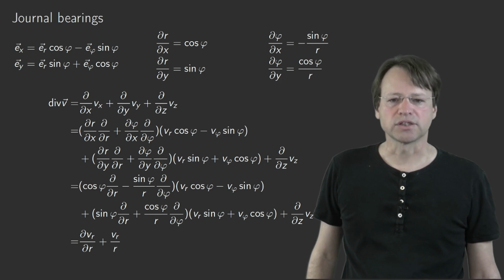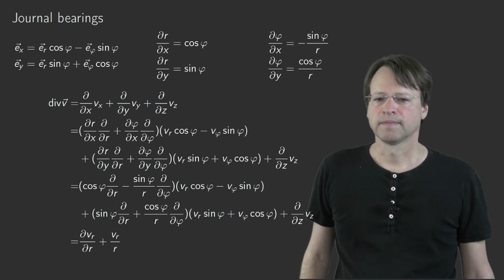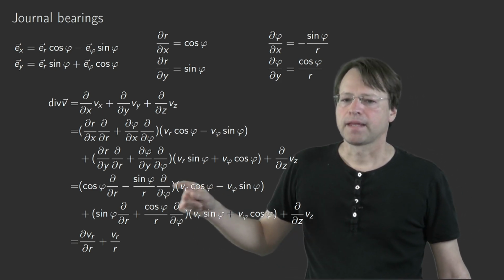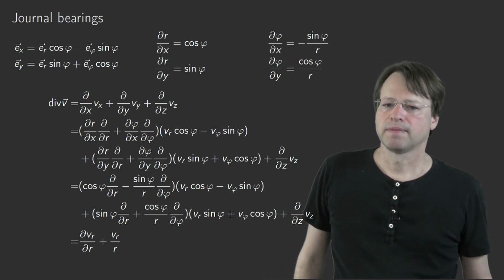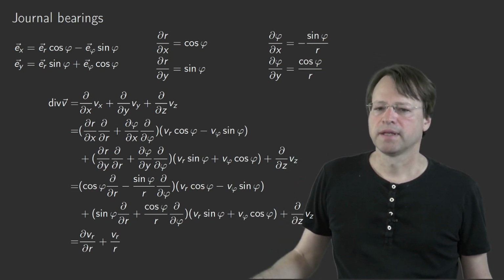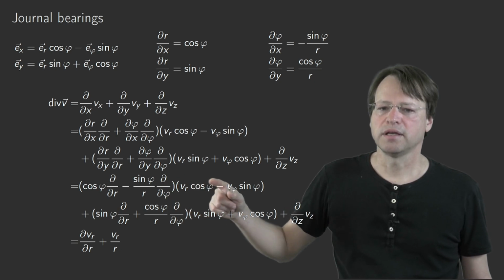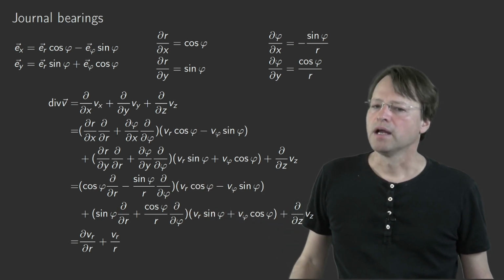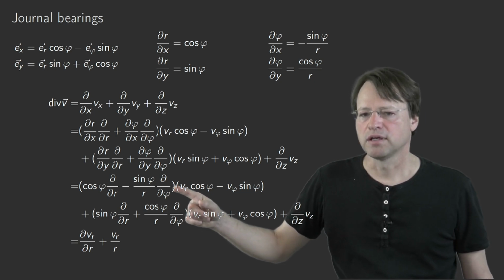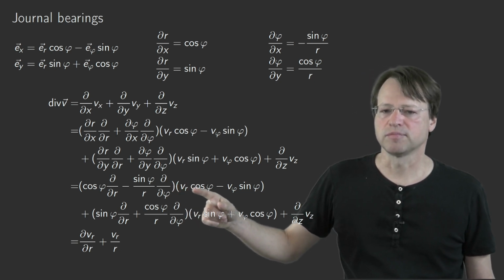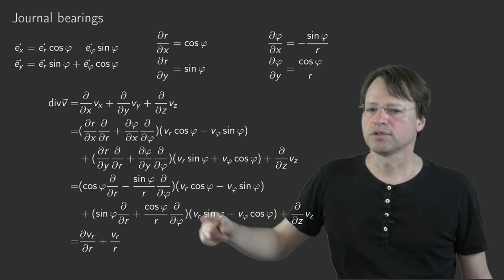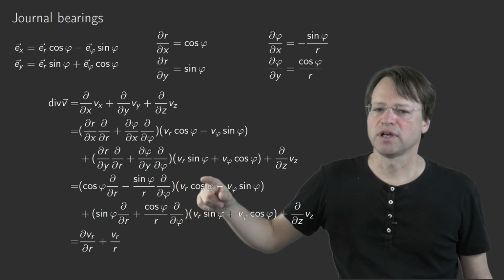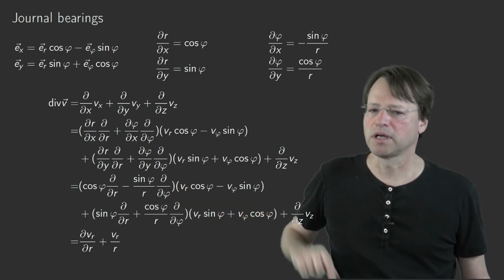Let's move to the next term here. As I said, there's a possibility that we take the derivative of the cosine function here. If we take the derivative d by d phi with respect to v_r, we would first get minus sine phi cosine phi divided by r.